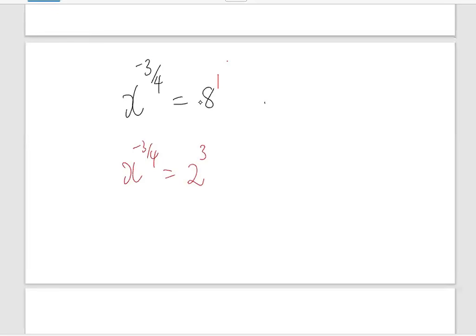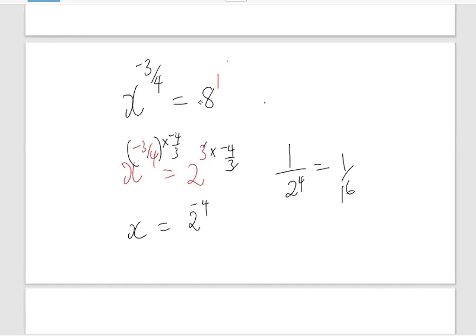Then what I'll do next, I'll multiply this by the reciprocal, which is a negative 4/3 times a negative 4/3. So this will cancel out and we just have a 1. And then this 3 is going to cancel with that 3. I'll be left with 2 to the negative 4. Okay, 2 to the negative 4 is the same as 1/2 to the 4, which becomes 1/16. So x becomes 1/16.